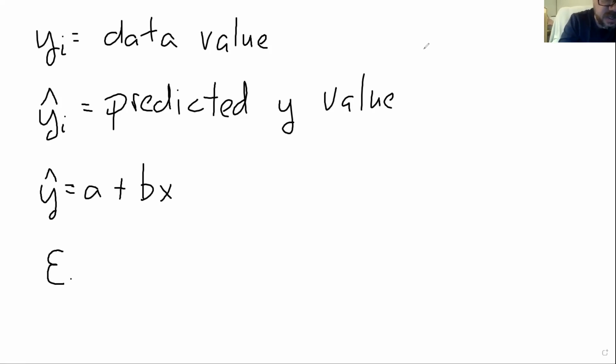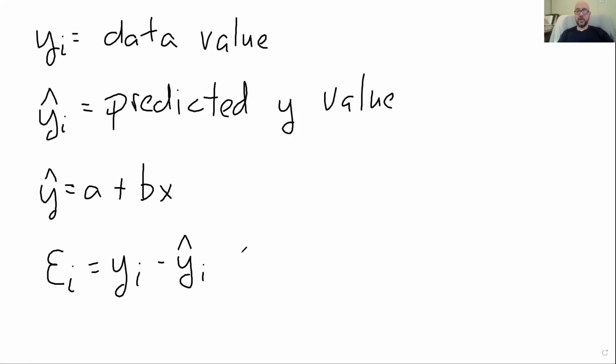So e sub i equals y sub i minus y sub i hat. This says the residual equals the actual y value for the data point minus the predicted y value for that point. Right. So this is our formula for residuals.